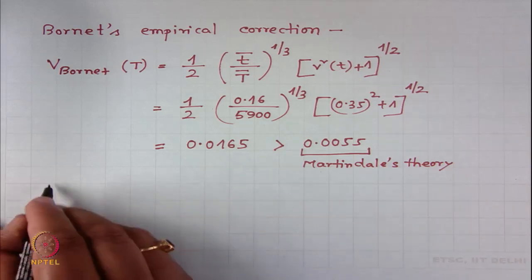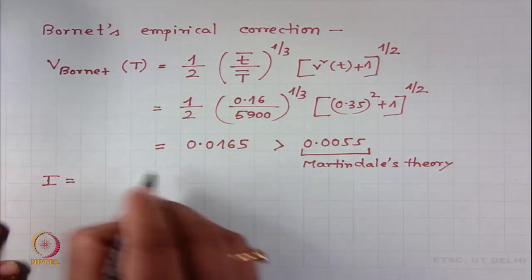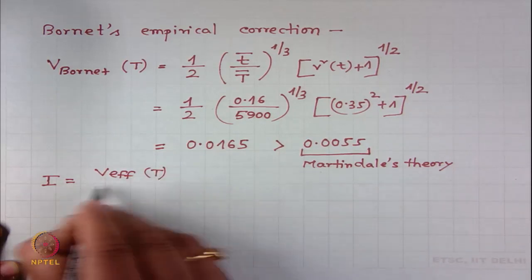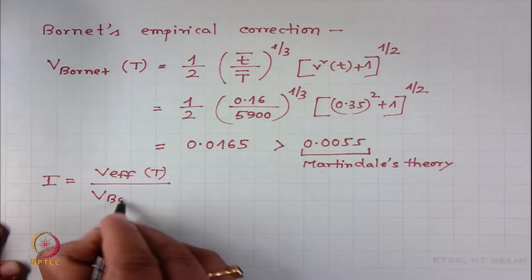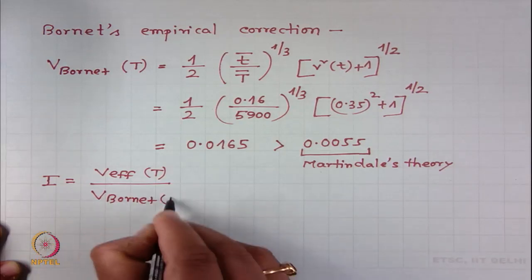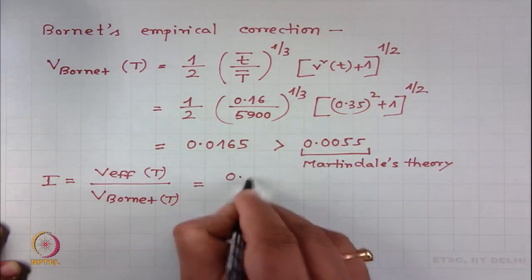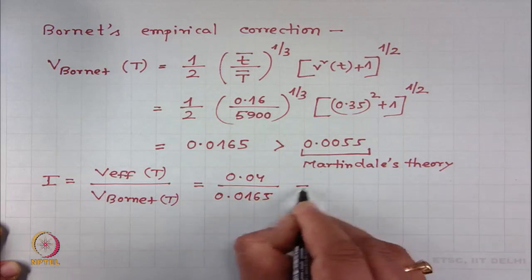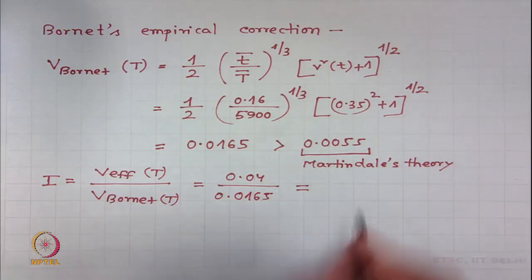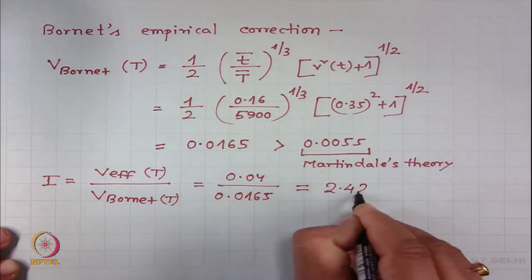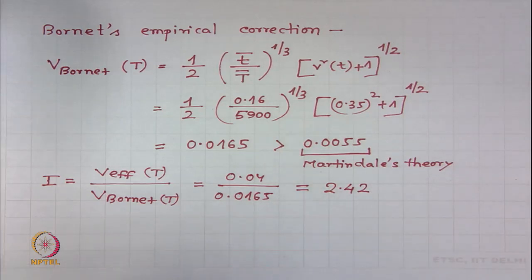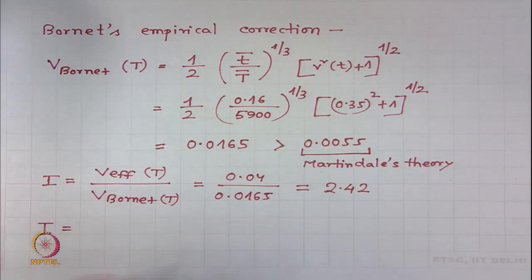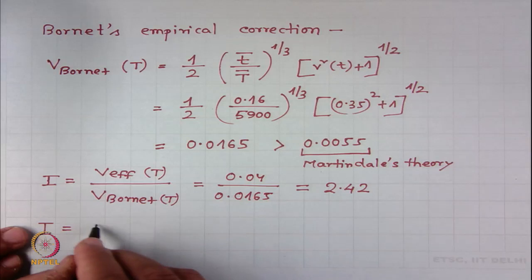Right. Now, index of irregularity, V effective by Bornet. So, this value was 0.04 divided by 0.0165. So, what will be this value? 2.42. And what was the value using Martindale? 7.27.